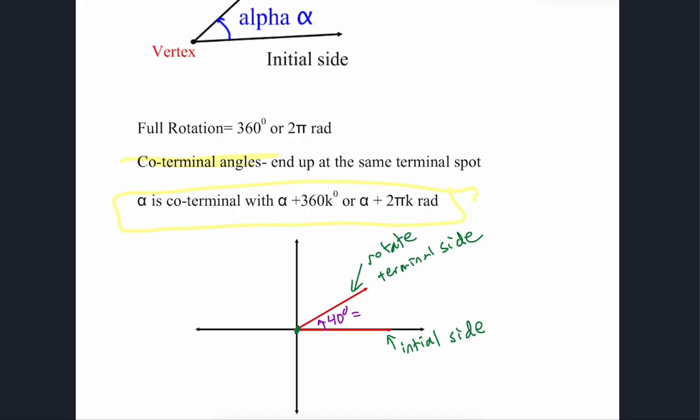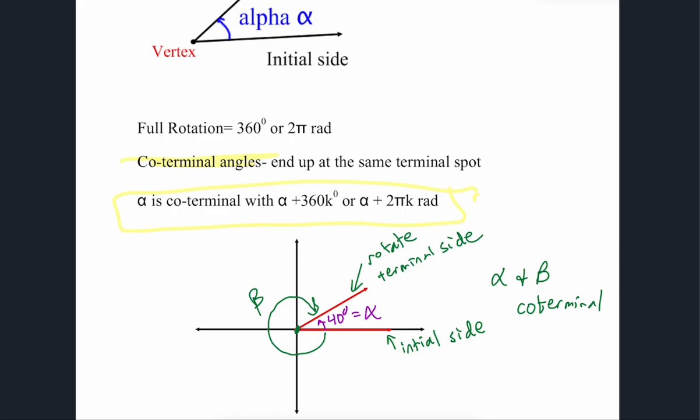Let's say that instead of going up, I rotated this way and stopped. That's called beta. Alpha and beta landed in the same spot, so they are considered coterminal.